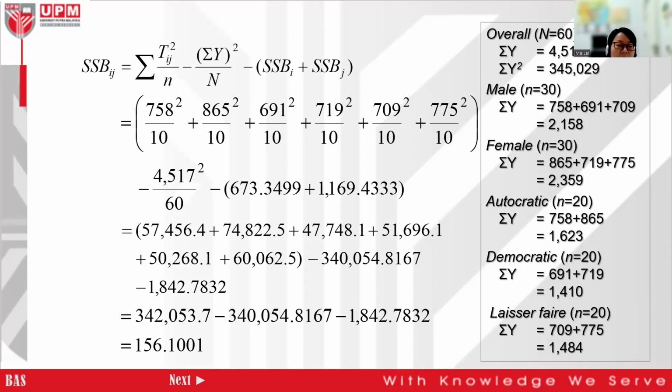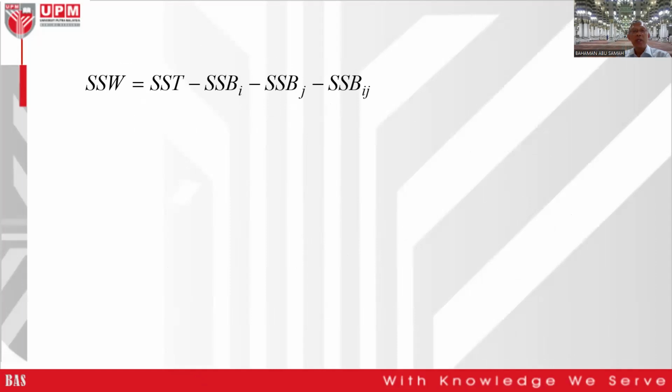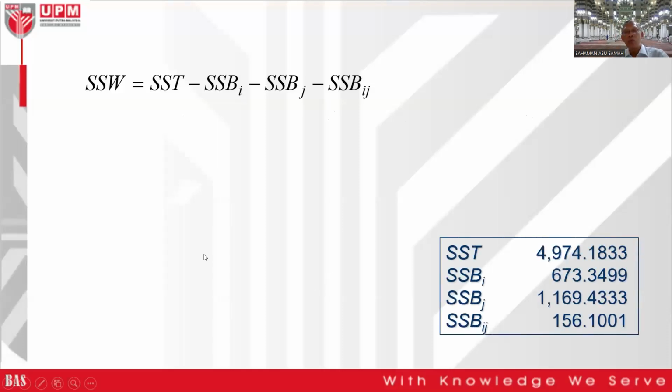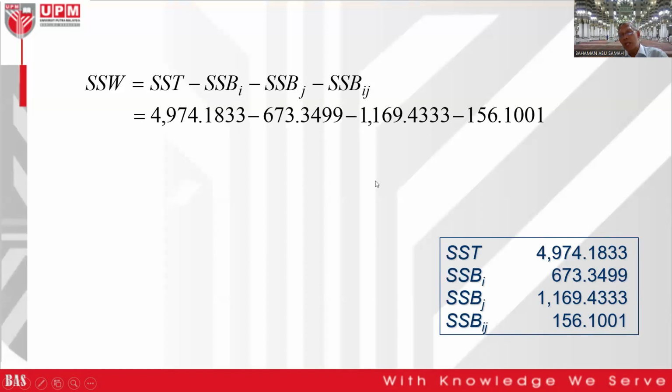Yeah, we have one more that we need to calculate, where sum square within equals sum square total minus sum square between for factor 1 minus sum square between for factor 2, and then minus sum square between for interaction. So we just plug in all the sum squares into here. What we get in this case will be 2975.3, and that will be sum square within.